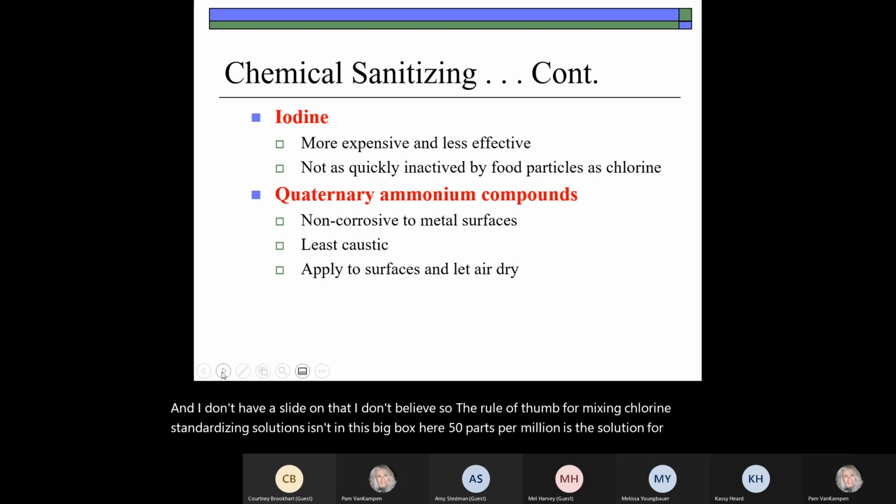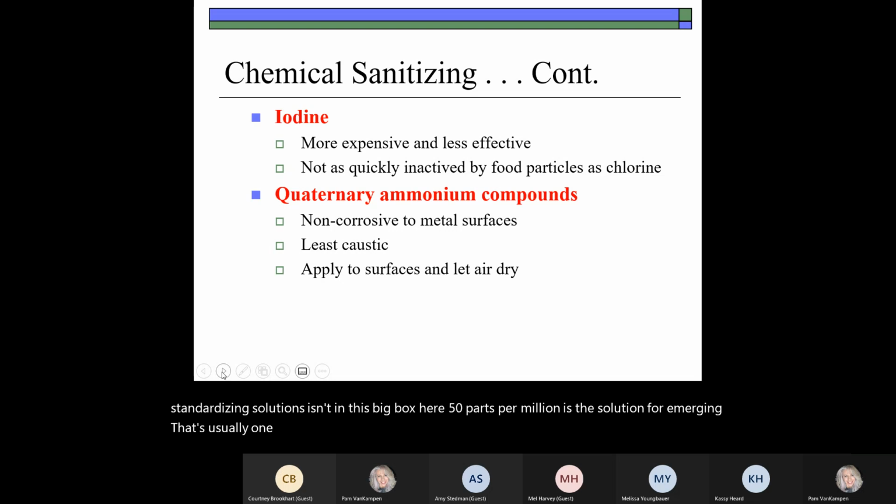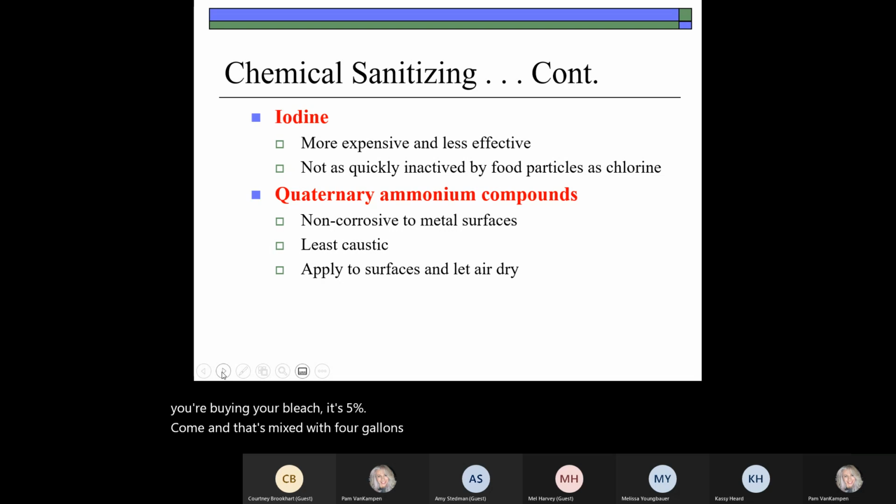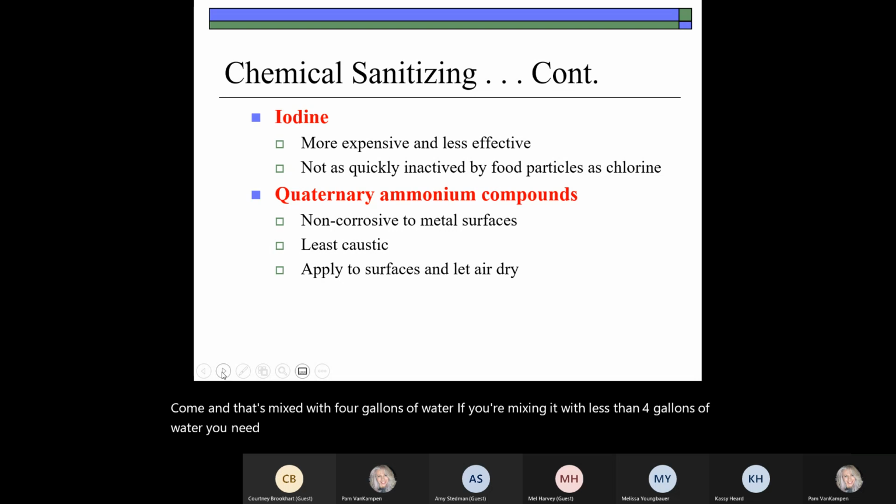That's usually 1 tablespoon of a 5% chlorine bleach. So it's important that you know when you're buying your bleach, it's 5%. And that's mixed with 4 gallons of water. If you're mixing it with less than 4 gallons of water, you need to change that amount and then test it. The solution should be in contact with the surface for 7 seconds.